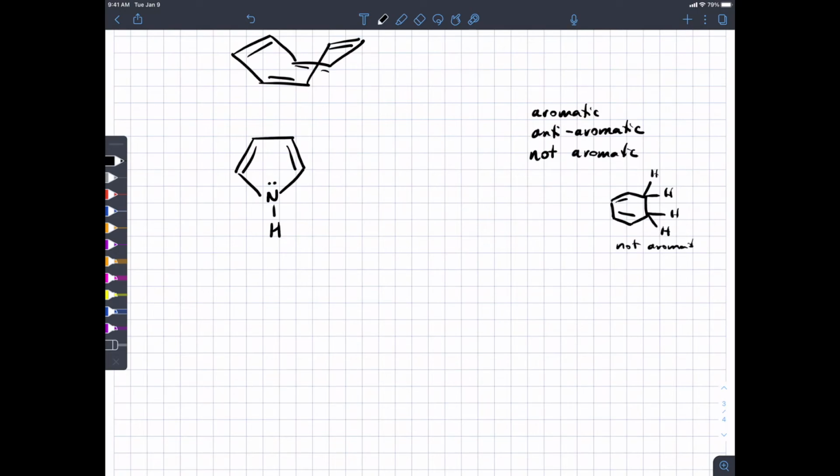Anyway, the molecule on the left, aromatic or not? Go ahead. It would be aromatic. Okay, good. Why? Because you have the full conjugation. It's cyclic. And then you have two electrons coming from both those pi bonds, but then you also have the extra lone pair in the nitrogen that's also contributing.